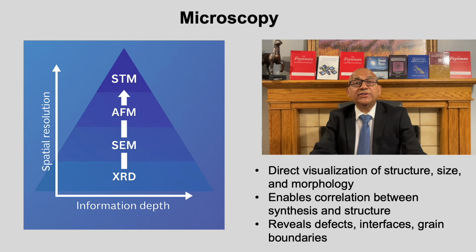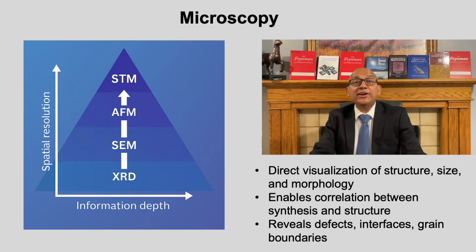We start our study with microscopy because it provides direct, spatially resolved information. Microscopy lets us see how atoms, grains, and interfaces are arranged, something no other technique can do so intuitively.